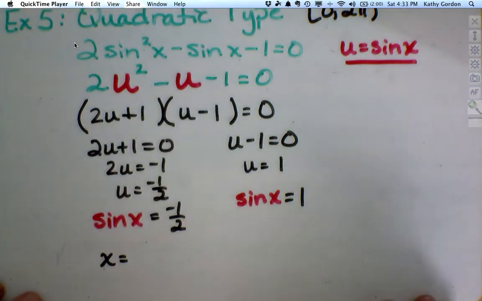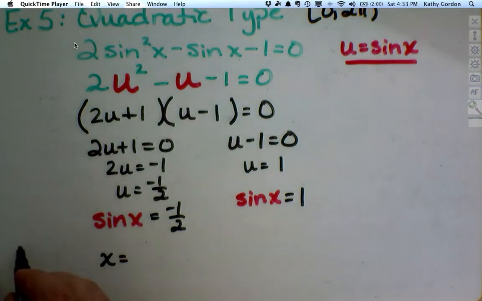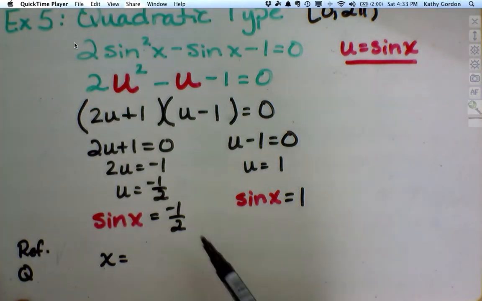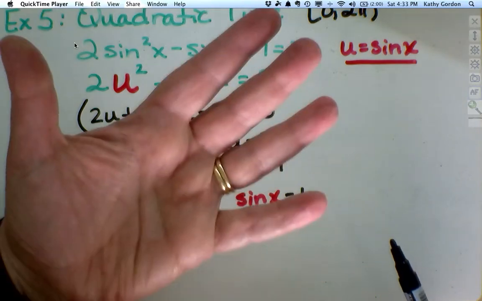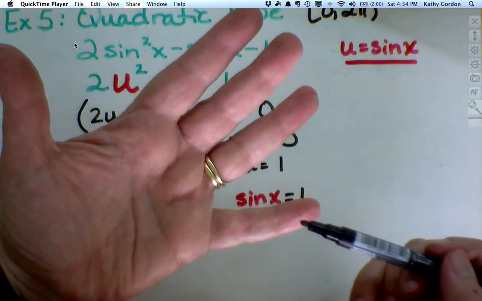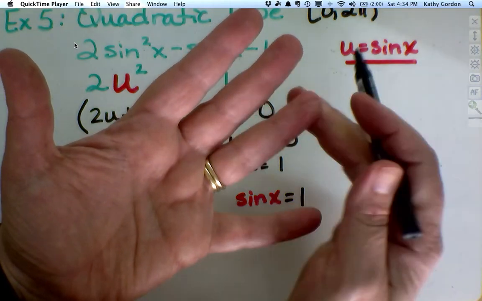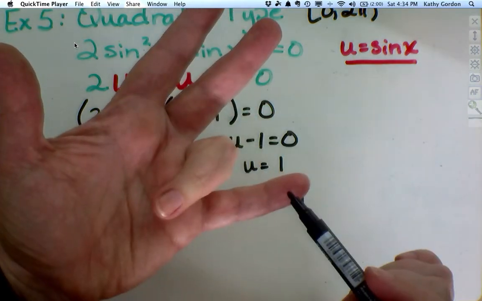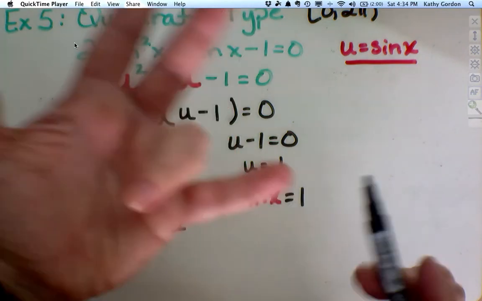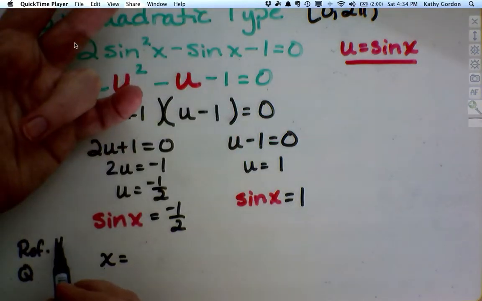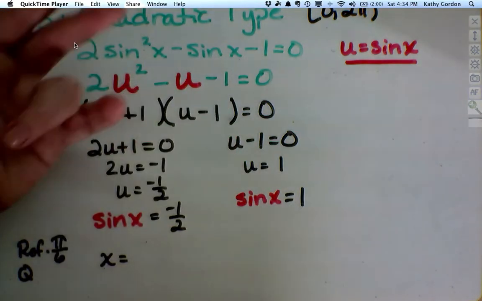So again, thinking about sine, I need to figure out my reference angle and the quadrants that we're in. So with 1/2, if I ignore the negative for just a second, a sine of 1/2, if I go to my fingers, I need 1 finger for sine, so that's going to be over here, which means I need to put this finger down. Okay, and so that means I have a reference angle of pi over 6.